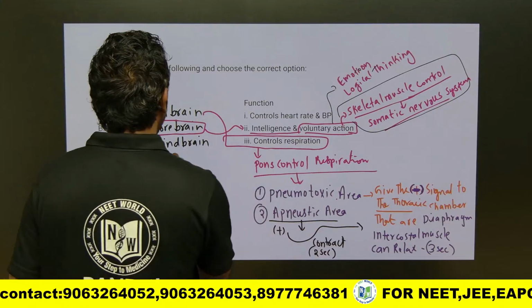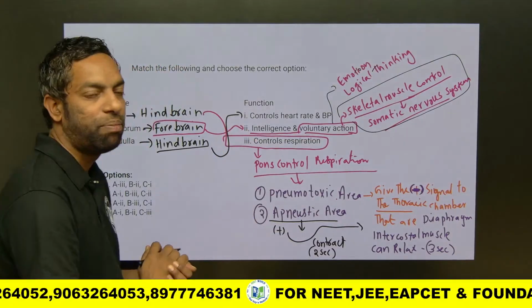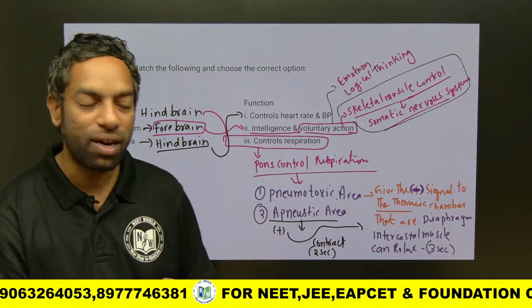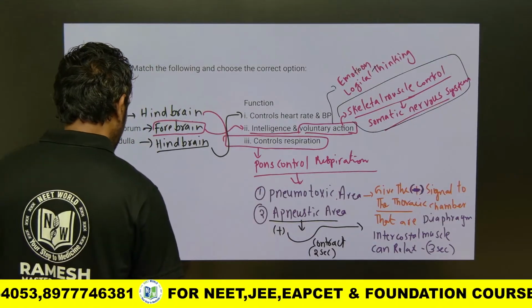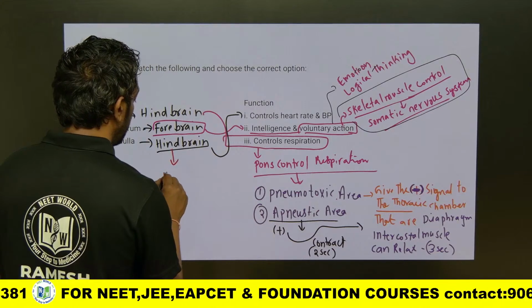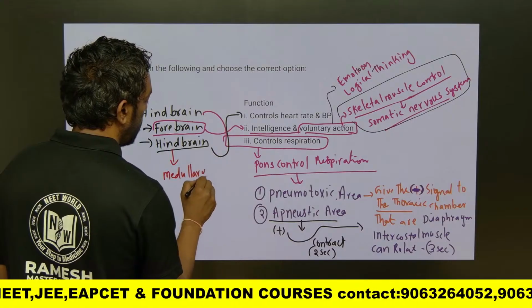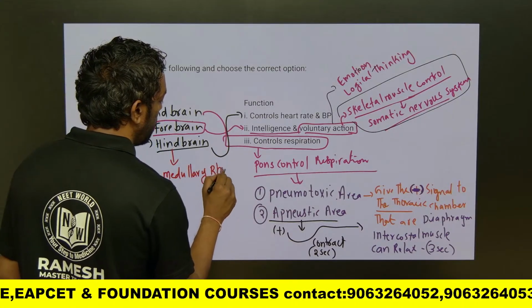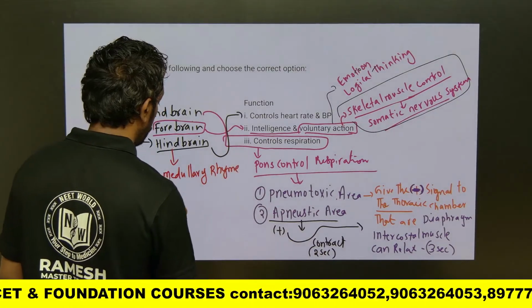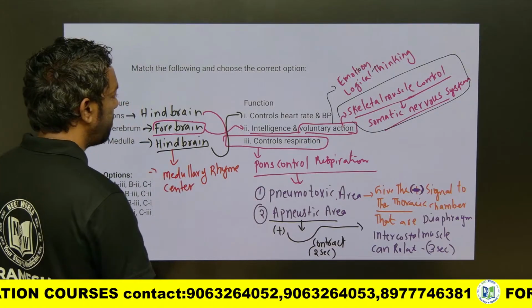And the medulla in the hindbrain controls the heart rate and blood pressure. Of course, the medulla oblongata comes under the medullary rhythm center.